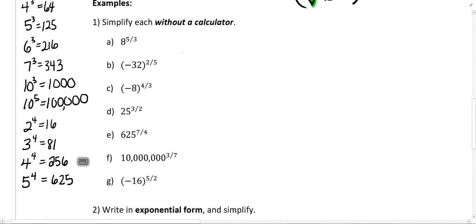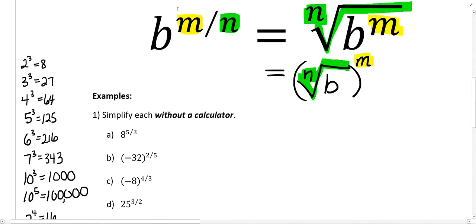Okay, so let's start by rewriting 8 to the 5/3 power in this form. So that would be, well, the denominator is a 3 and the numerator is a 5. So this would be the cube root of 8 to the 5th power.